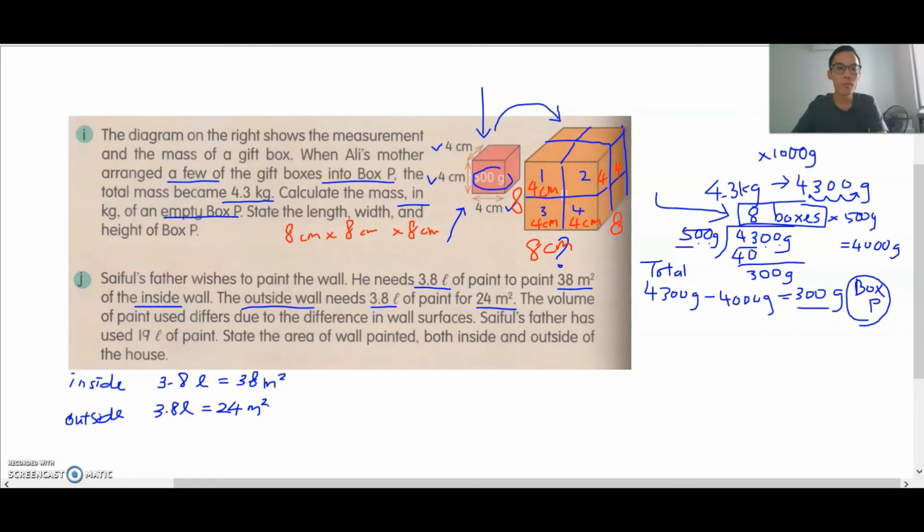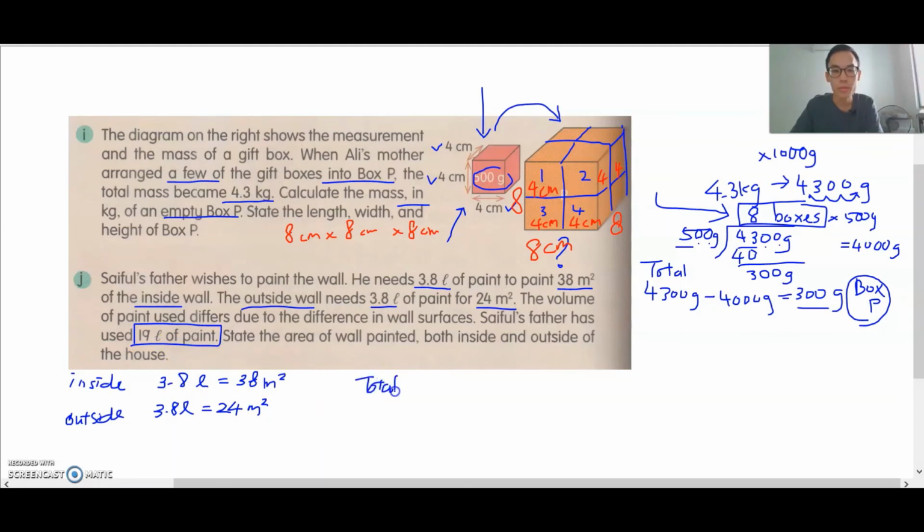Okay, the volume of paint used differs due to the difference in wall surfaces. Okay, that's not important. Saifu's father has used 19 liters of paint in total for inside and outside wall. State the area of wall painted both inside and outside of the house.